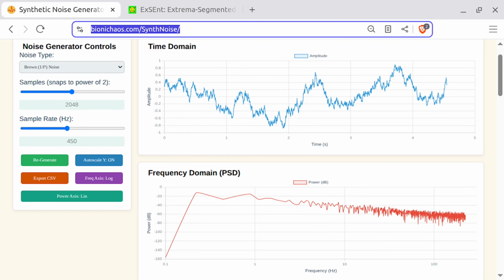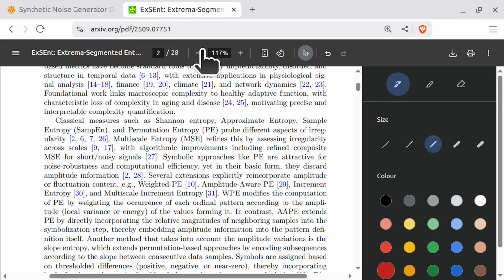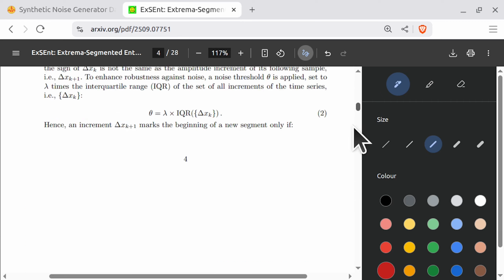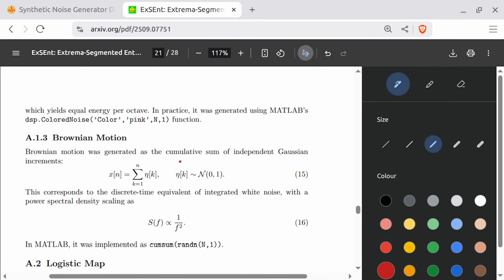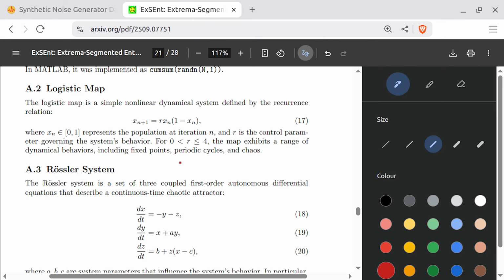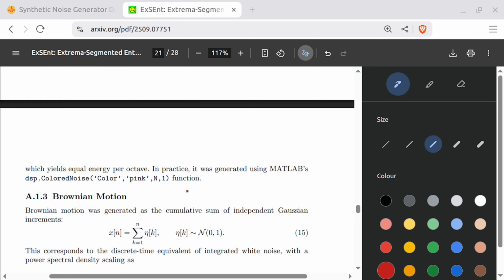The main question is, what's the advantage of having these additional models? So the question is, can the Logistic Map, Rössler and Rulkov be a better model for EEG?